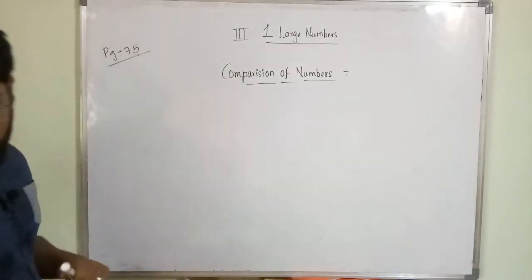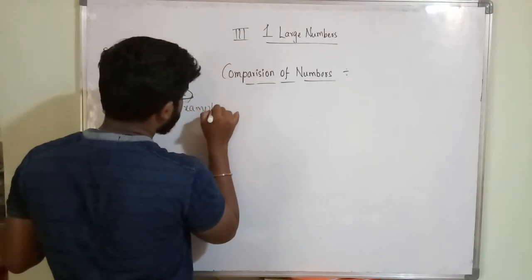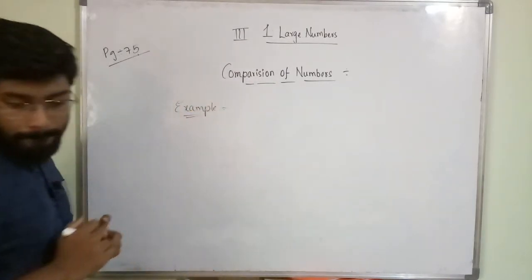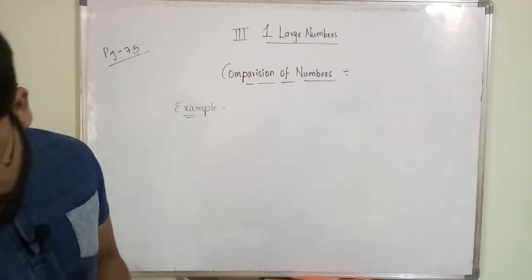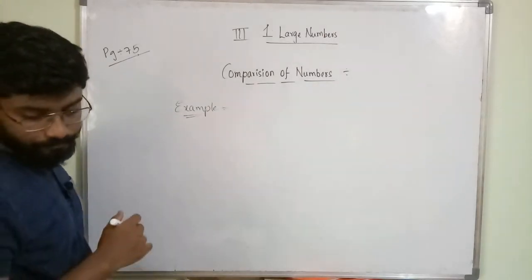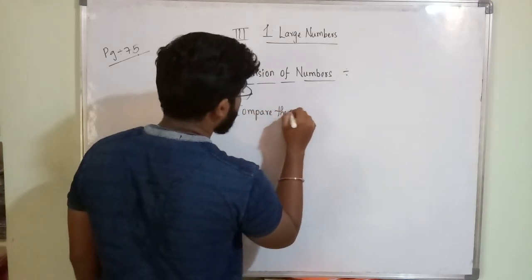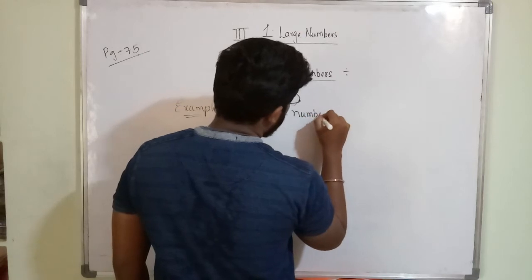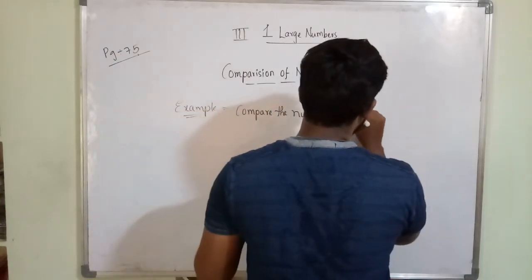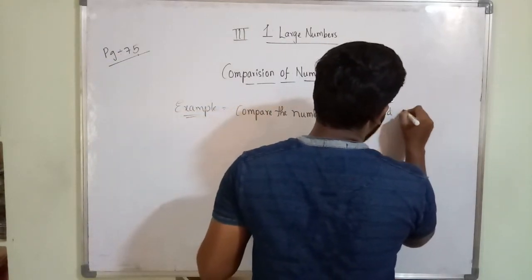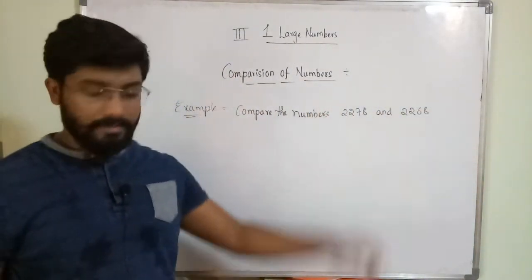So the fourth example is: compare the numbers 2278 and 2268.